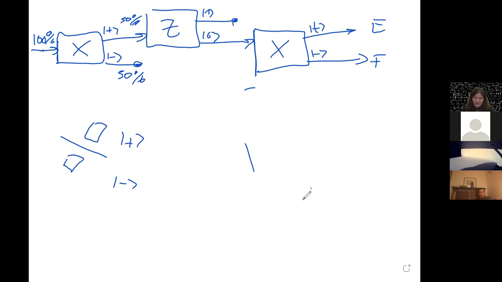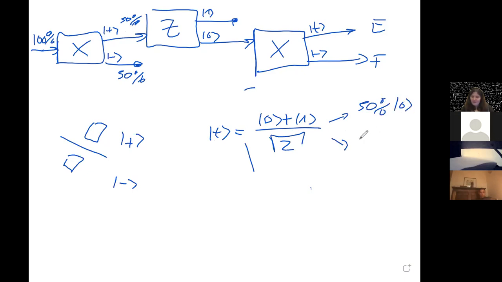And now we have to think about what this plus is. As I wrote before, it's 0 plus 1 over square root of 2. So this plus consists of equal parts of 0 and equal parts of 1. This plus is 50% 0 and 50% 1.